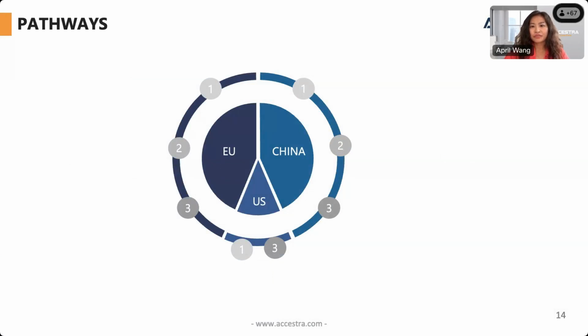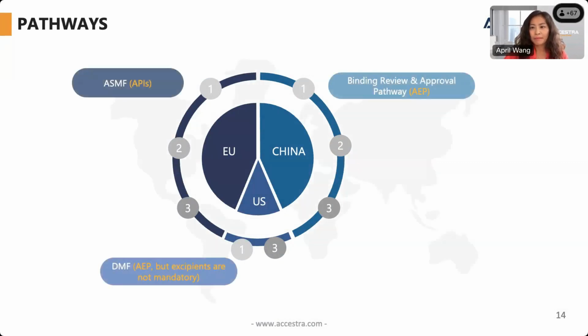So the first difference is registration pathways. China has 3 pathways for AEP approval. The first one, binding review, is very similar to US DMF and EU ASMF, which means active substance master file. This is for drug substances listed or not listed in the European Pharmacopoeia.